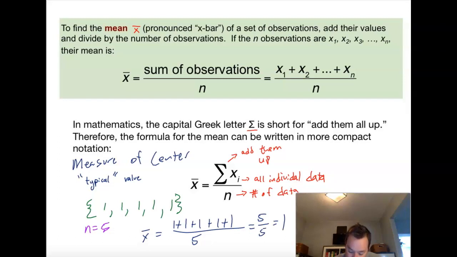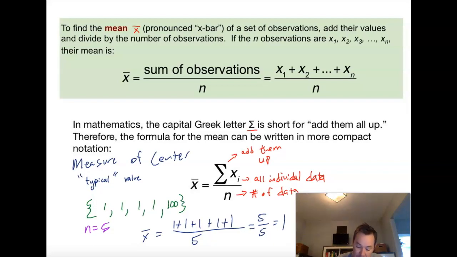Okay, now let's make this a little bit more of an extreme situation. Instead of 1, let's make our last one 100. And recompute the mean.